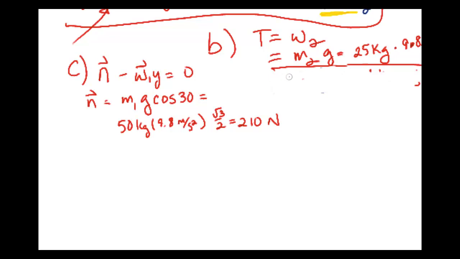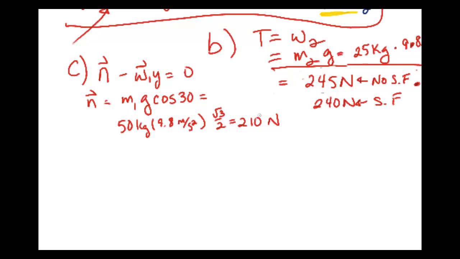So if we were to use 2 sig figs on that one, with sig figs, we would have 2 there, so it'd be 240 newtons if we did sig figs. No sig figs, this is with sig figs.